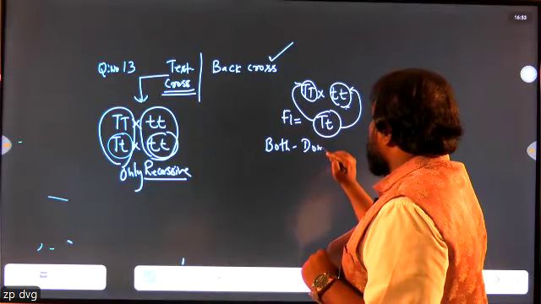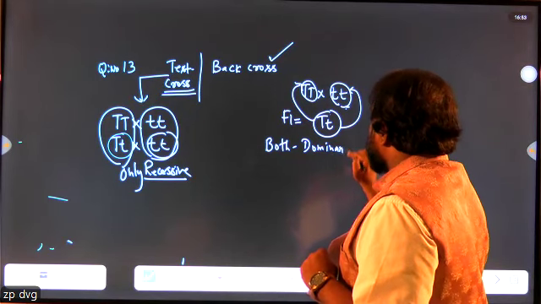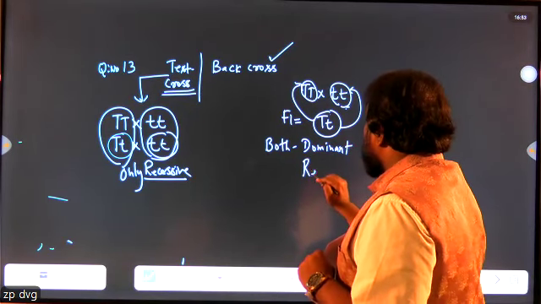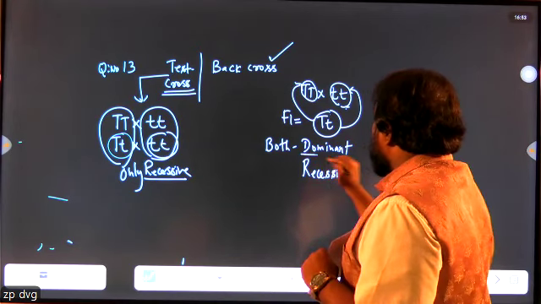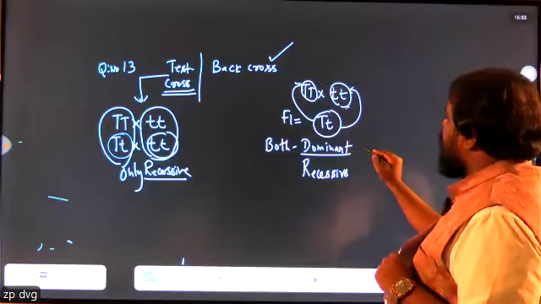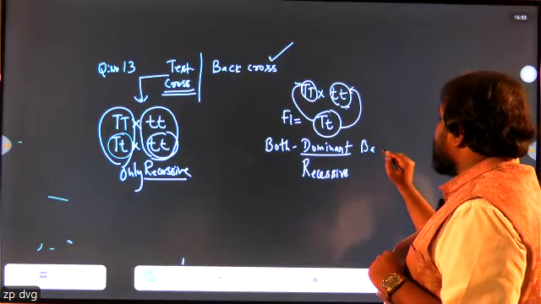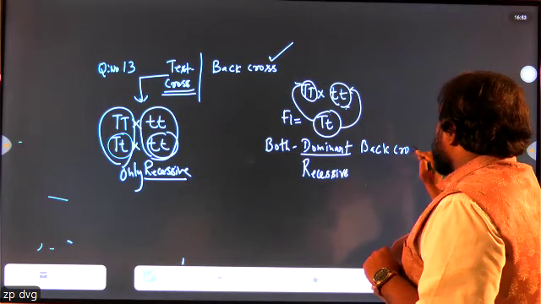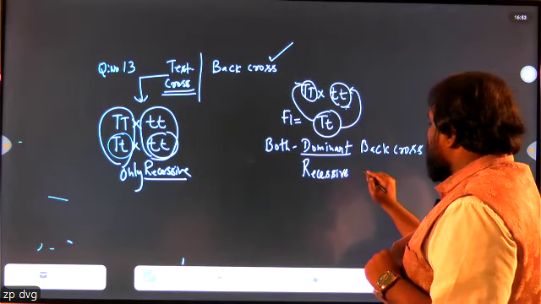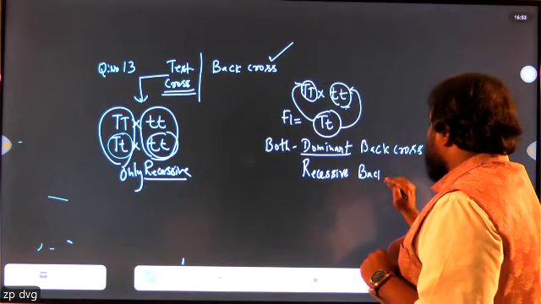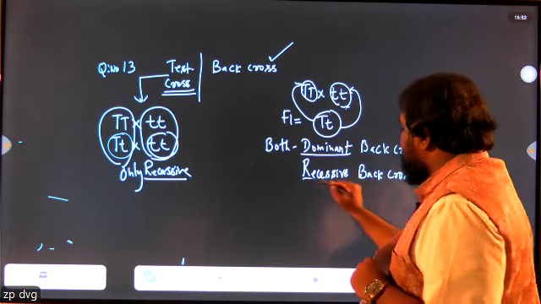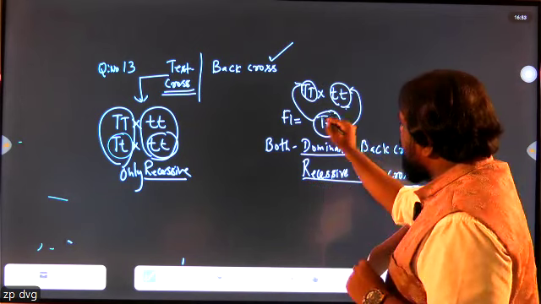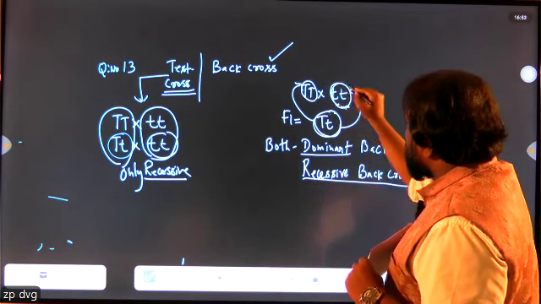But in back cross, both dominant and recessive. If it is with dominant, it's called dominant back cross. If it is with the recessive individual, it's called recessive back cross. Now look at that. Recessive back cross, that means capital T small t crossed with small t small t.